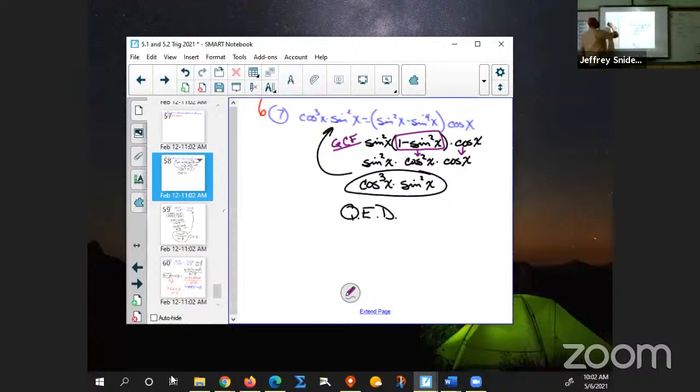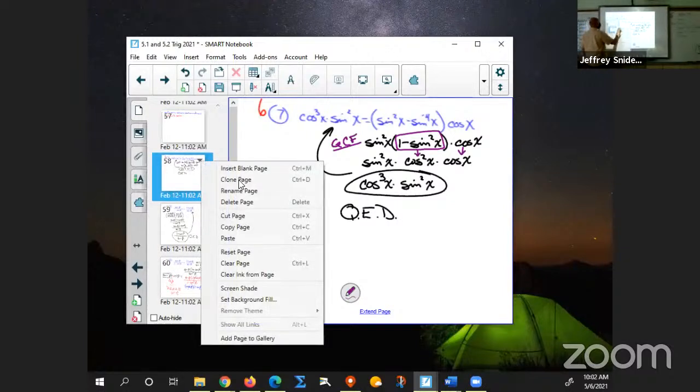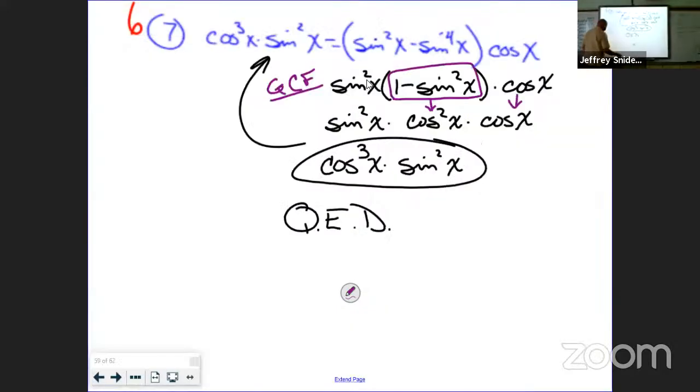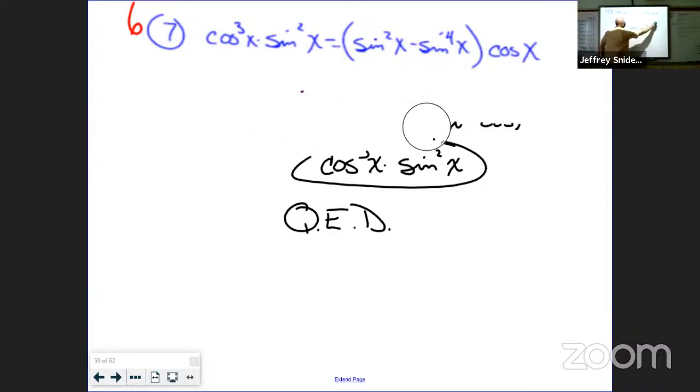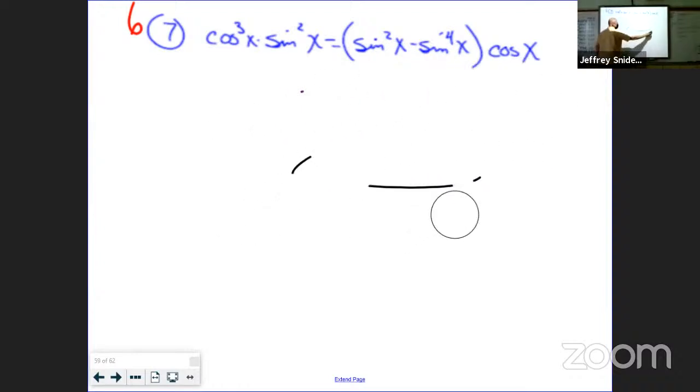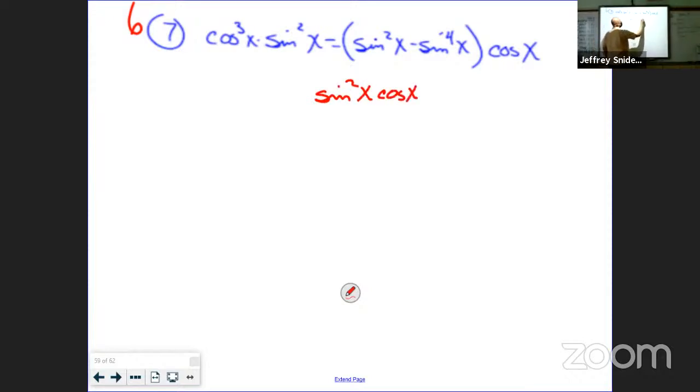If I approach it that way, let's go ahead and clone this page. Okay. I kick that cosine x through to start. Let's just do it that way. Let's see what happens. I would get sine squared x cosine x minus sine to the 4th x cosine x.